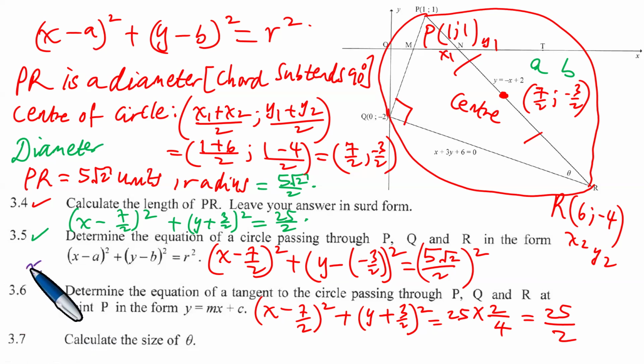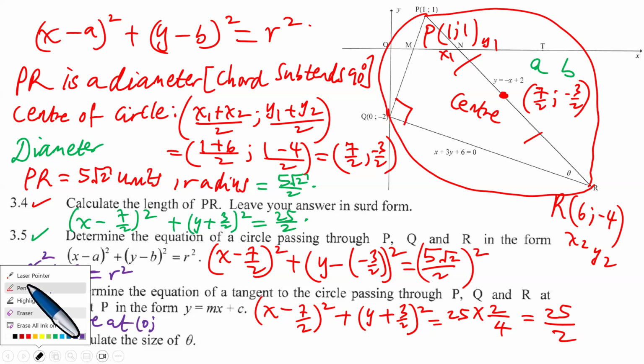What other forms exist? You can have x squared plus y squared equals r squared. This becomes the equation of a circle that has its center at the origin.